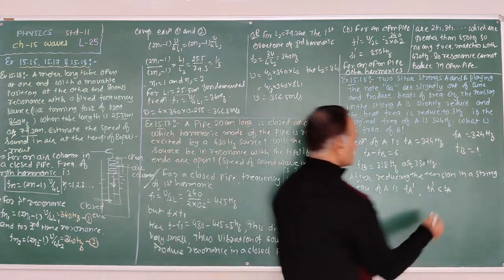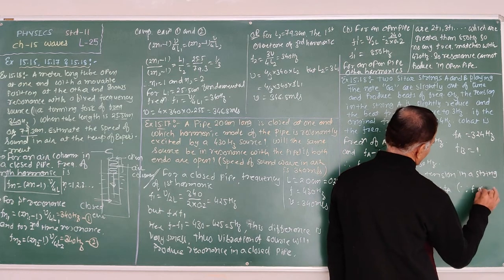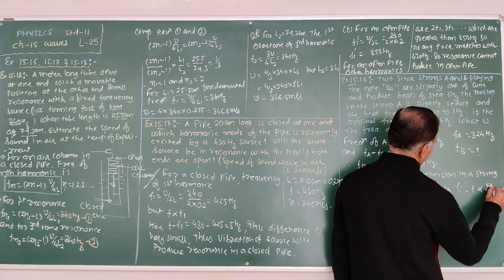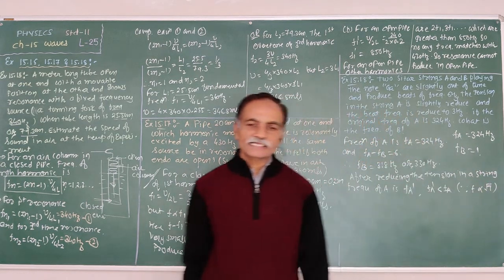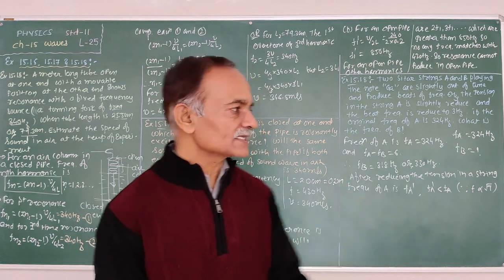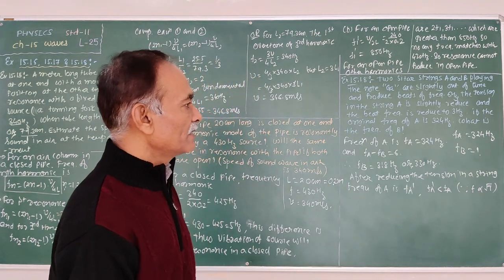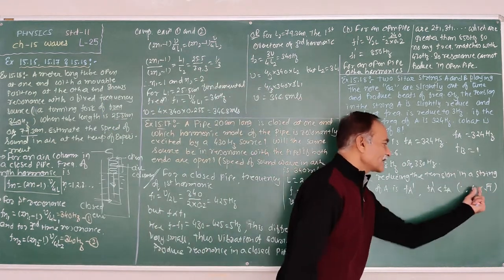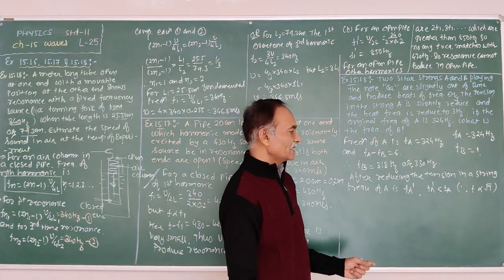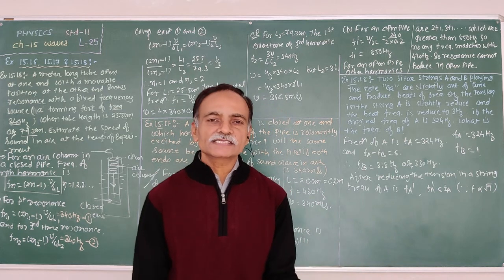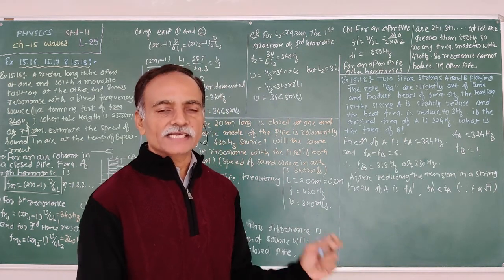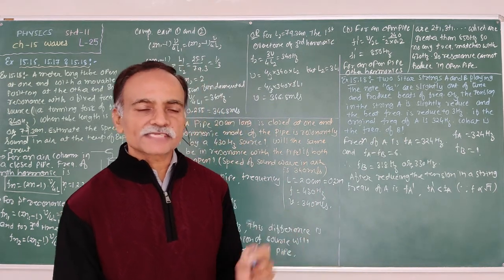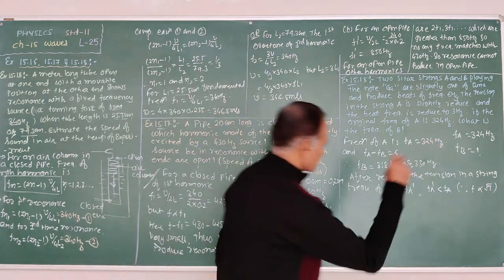What is the reason? The frequency is directly proportional to the tension. As the tension decreases, the frequency also decreases. Therefore, the frequency of A is reduced after reducing the tension in the string.